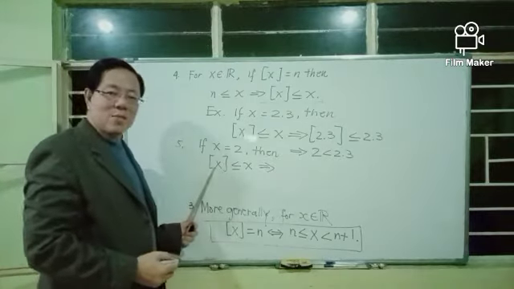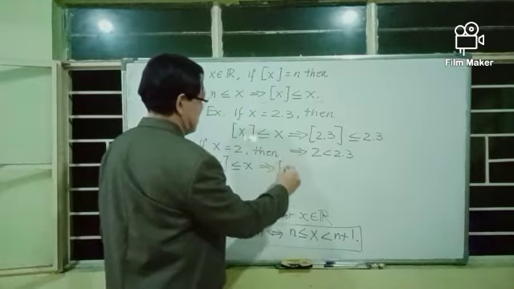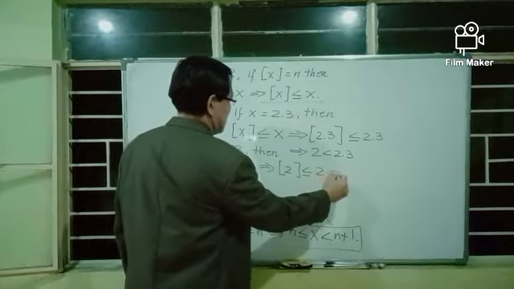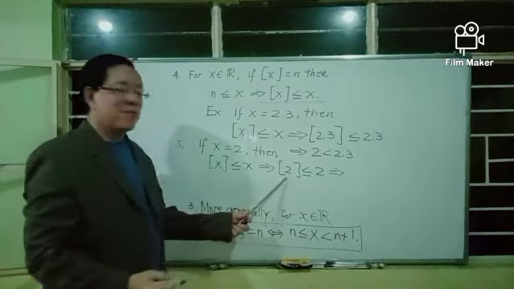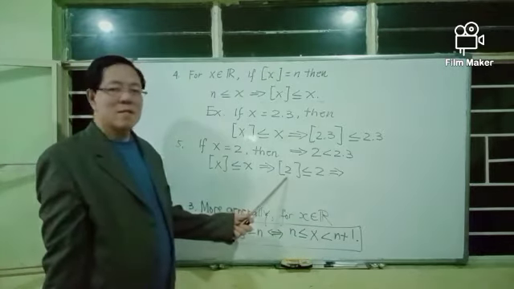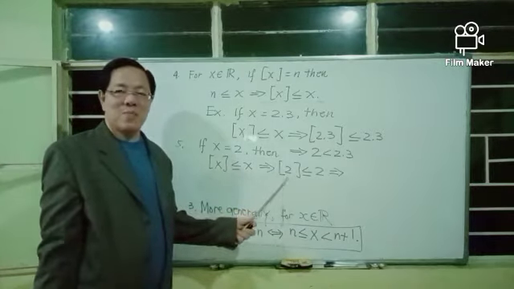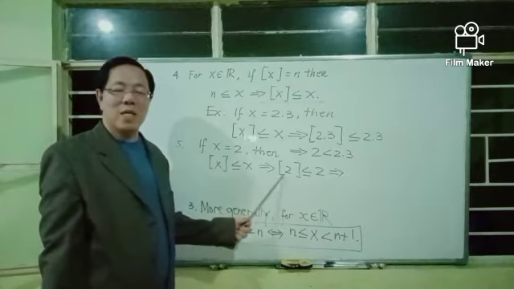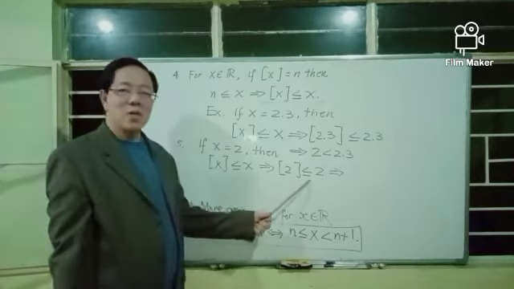We replace x with 2. But the floor of 2 is equal to itself. The greatest integer that is less than or equal to 2 is 2, and 2 is equal to 2.